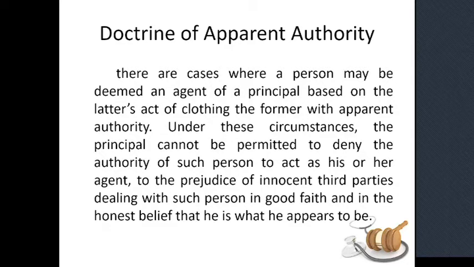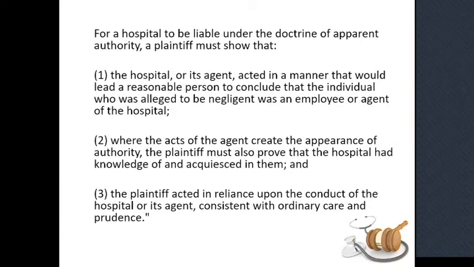So under these circumstances, the principal cannot be permitted to deny the authority of such a person to act as his or her agent to the prejudice of innocent third parties dealing with such person in good faith and in the honest belief that he is what he appears to be. So that is the ruling of the doctrine of apparent authority.